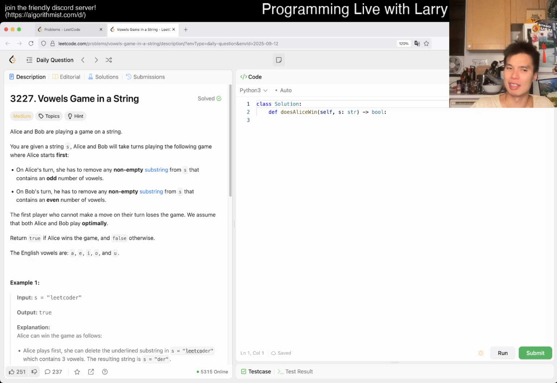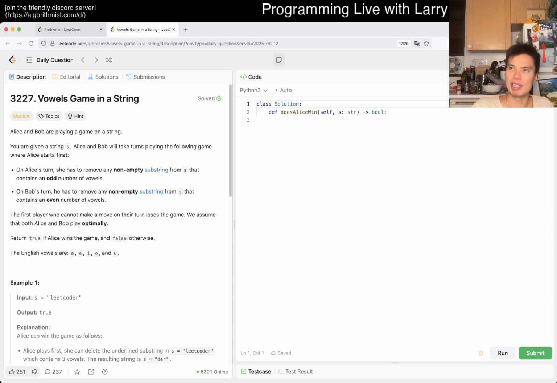That's why I took a pause, because it kind of does and doesn't, right? I think there is a very easy strategy, maybe. Bob can always make a move, I think, unless there's literally only one vowel left, because you can always take 0 vowels or 2 and then kind of squeeze it in.